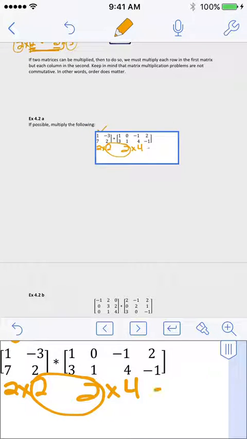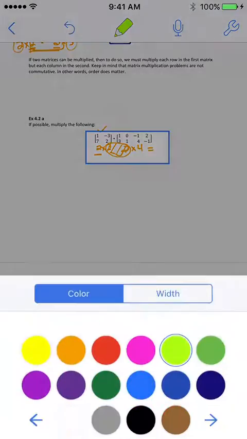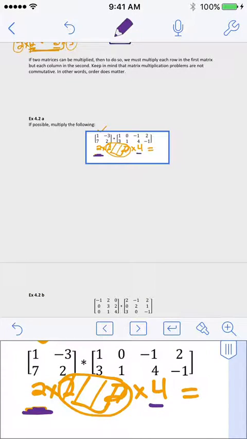What we end up with is what's on the outside. I kind of like to think of this as the accordion rule. If your middles match, you can squish them together. They squish together and they go away, and you end up getting what's left on the outside.